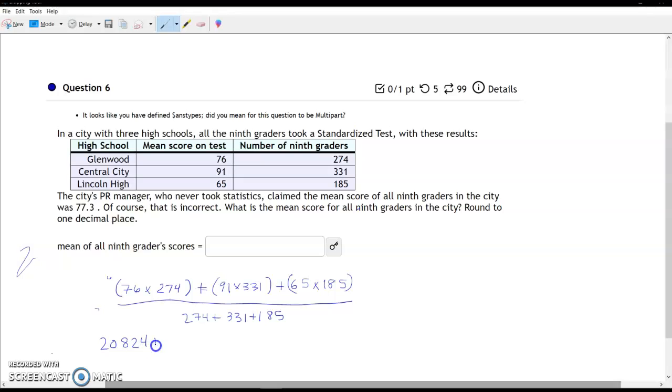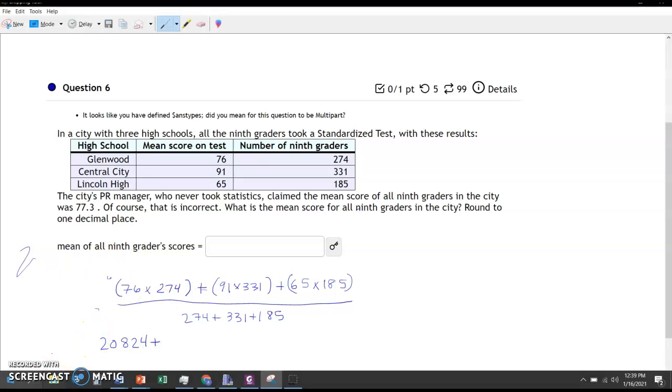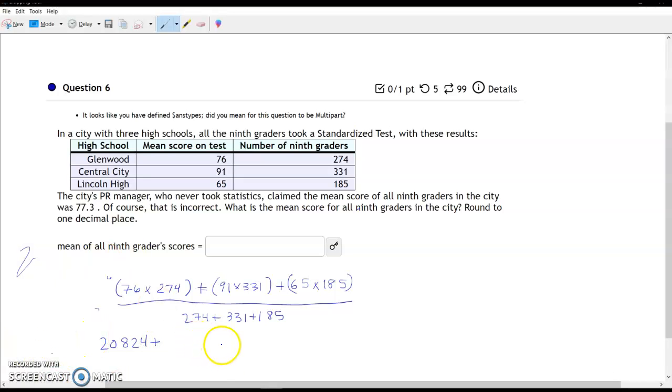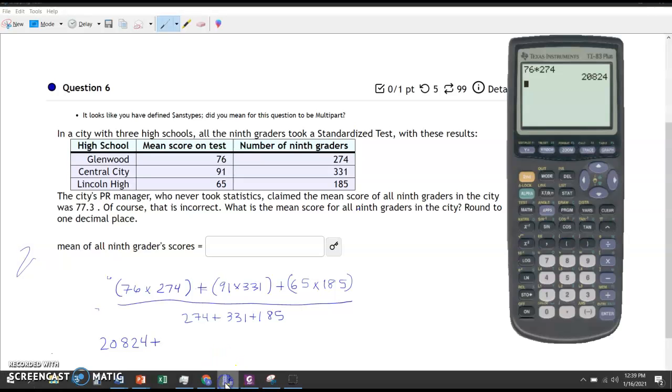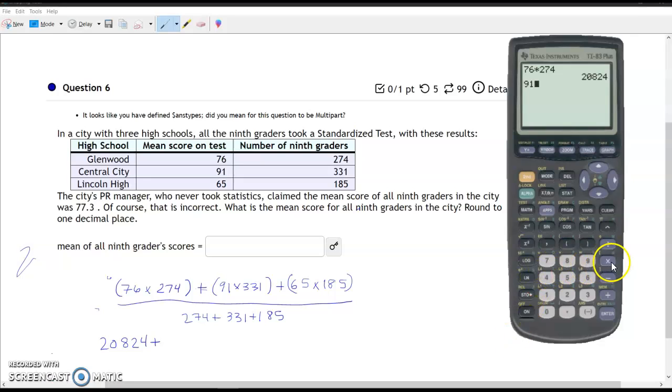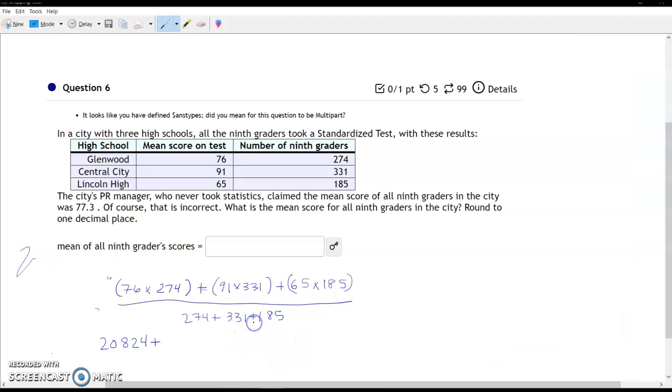So down here, I'll do 20,824 plus 91 times 331. Bring that calculator back up. And I get 30,121. Bring it back over here.